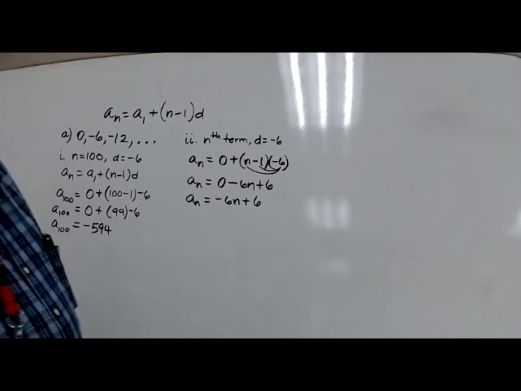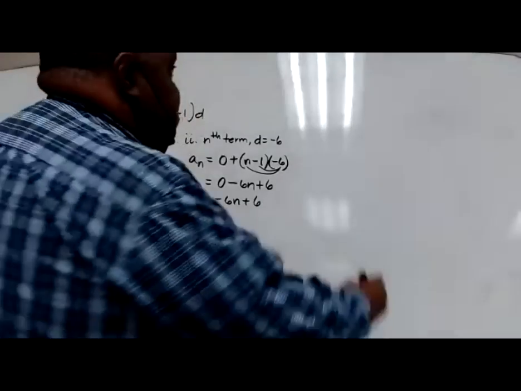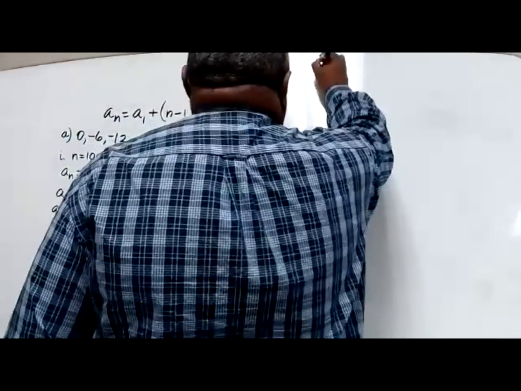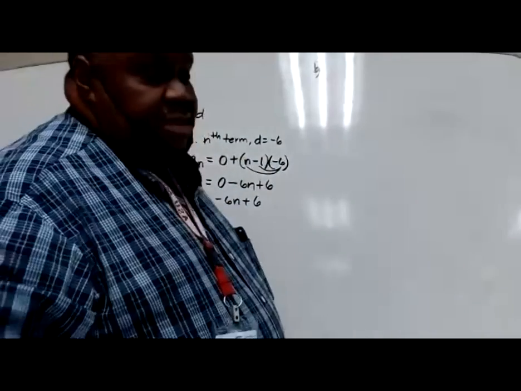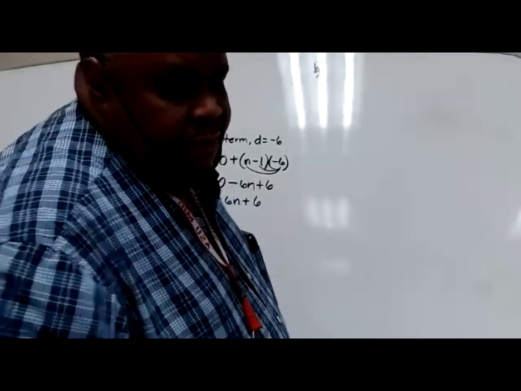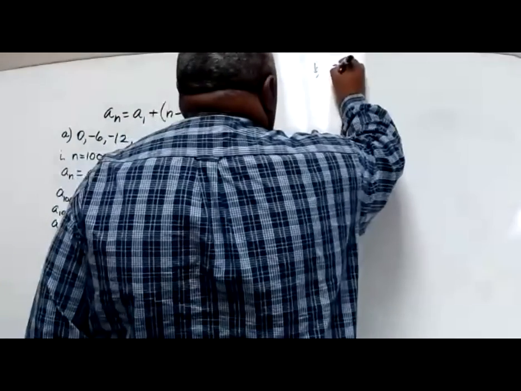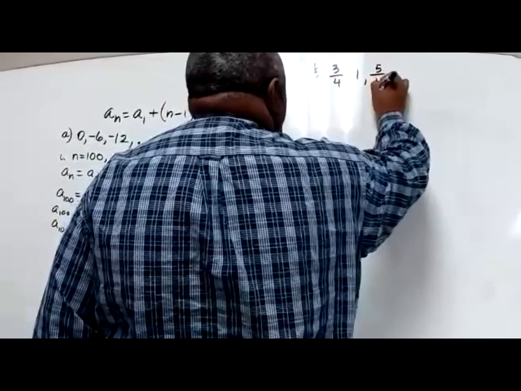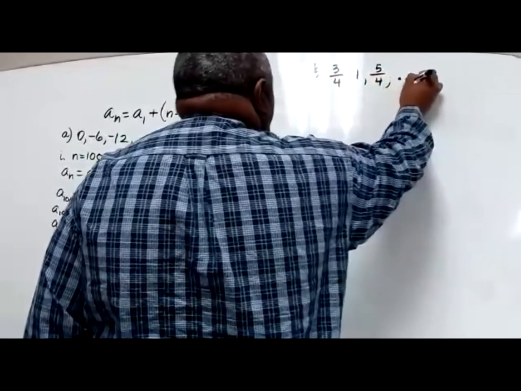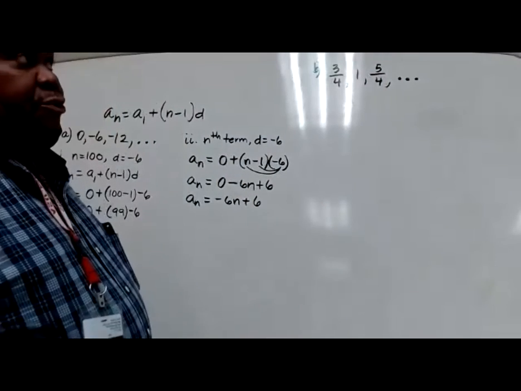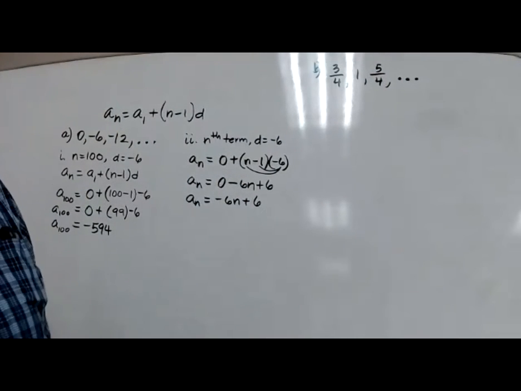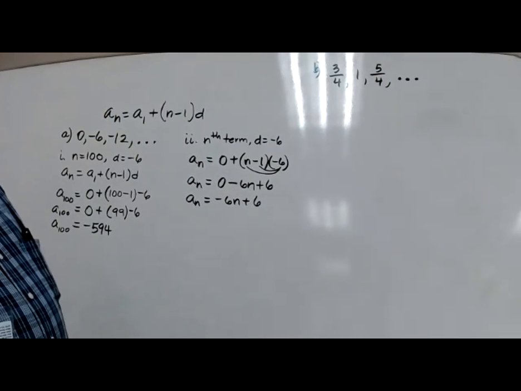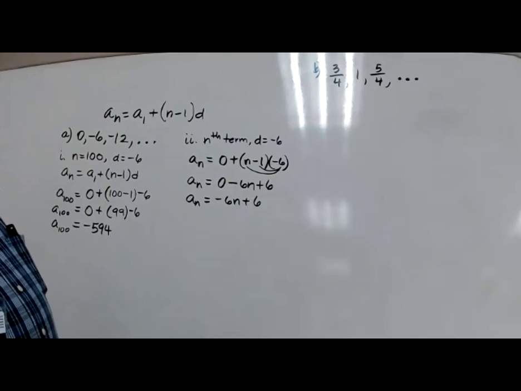Okay, part B. Let's say we got this: 3/4, 1, 5/4, and so on. And again, we're going to find the 100th term of that sequence and the nth term of that sequence.